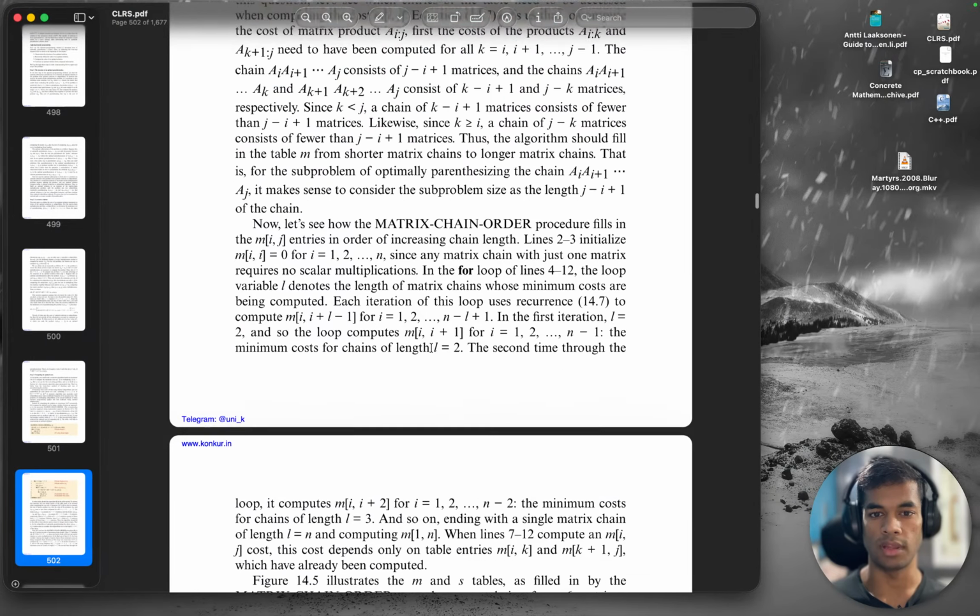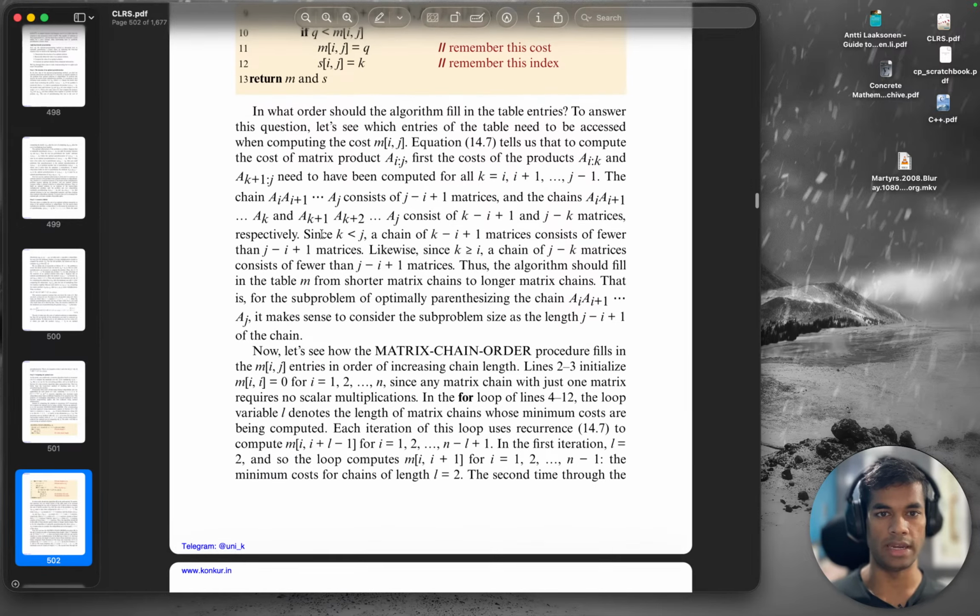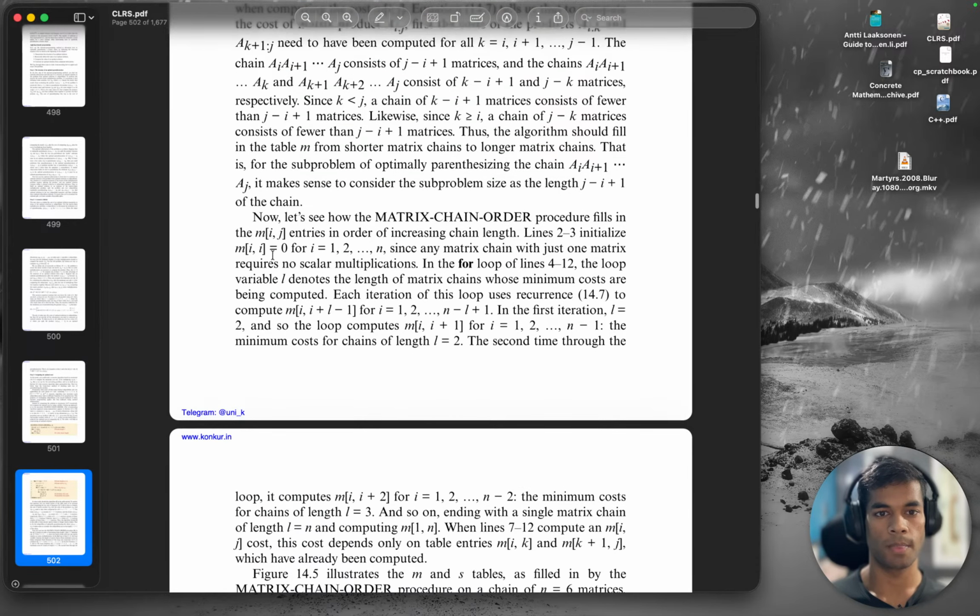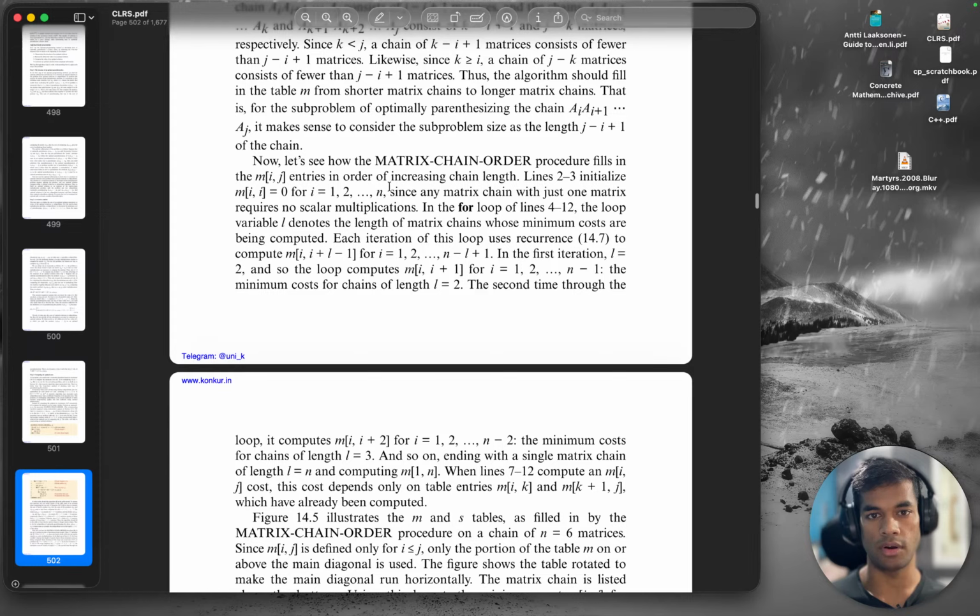That is what we would like to have before finding the answer for A_i..j. Now let's see how the matrix chain order procedure fills in the m[i, j] entries in order of increasing chain length.